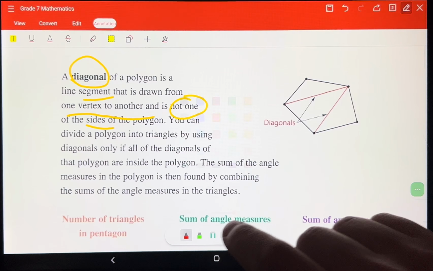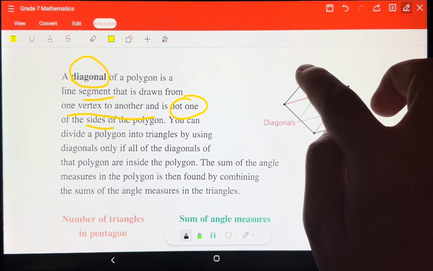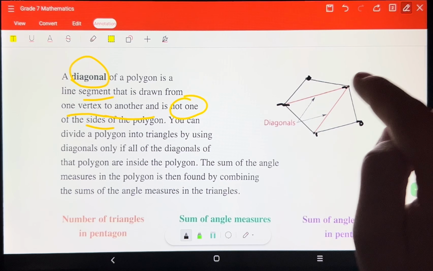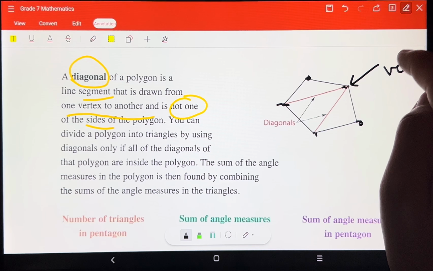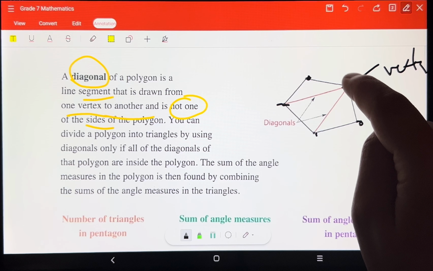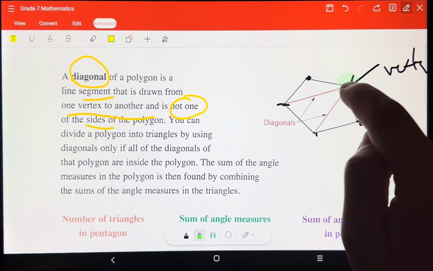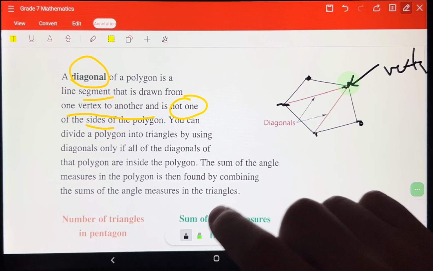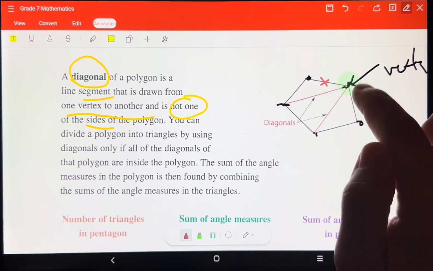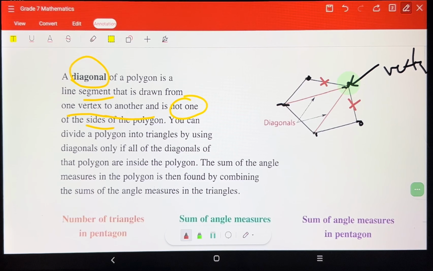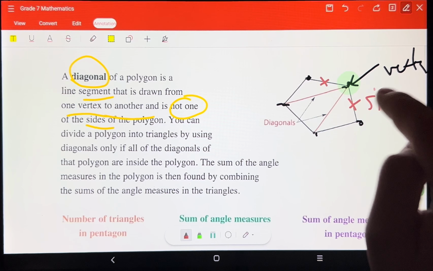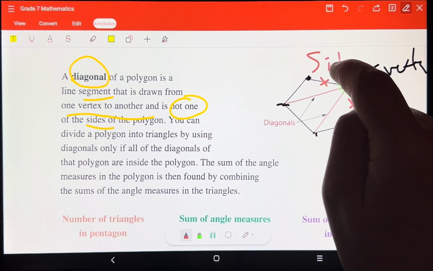Those black dots are called vertices. Whenever I take any vertex, let's say the green highlighted one, the ones beside it are sides, and I can never take the sides with me.